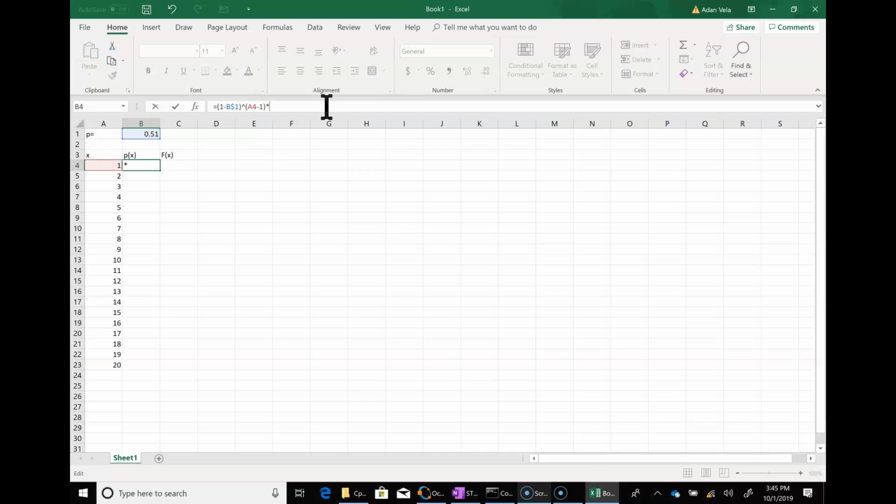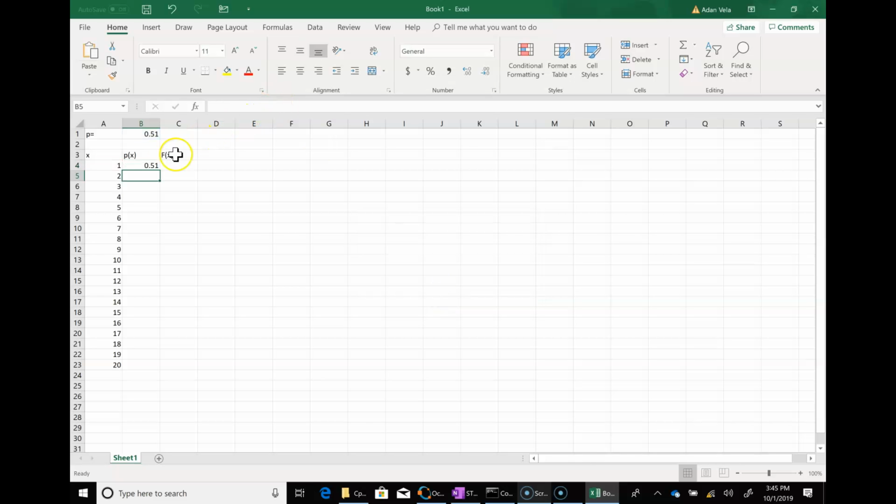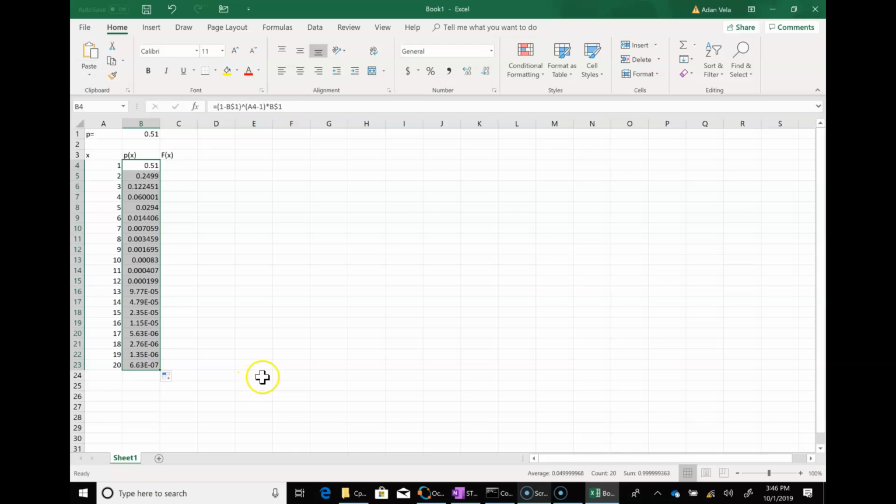Oops. Times p times 1. Okay, so if I did this right, nope, what did I do wrong? You had 2 asterisks. Oh, I did? Okay, so I just corrected it. Okay, so 0.51. All right, that seems right, because the probability of having a girl at any time is 0.51. And I can fill this down, and that will give me my probability distribution.